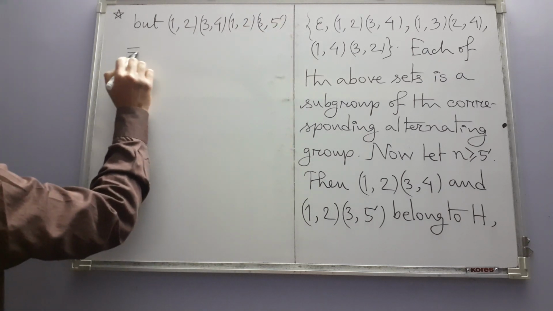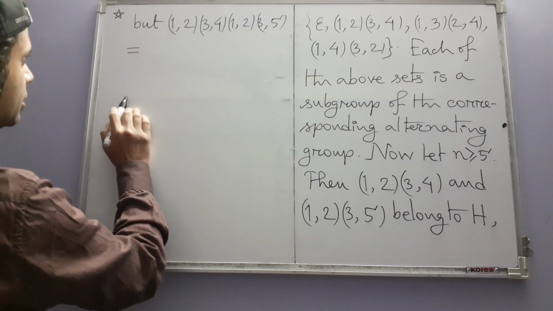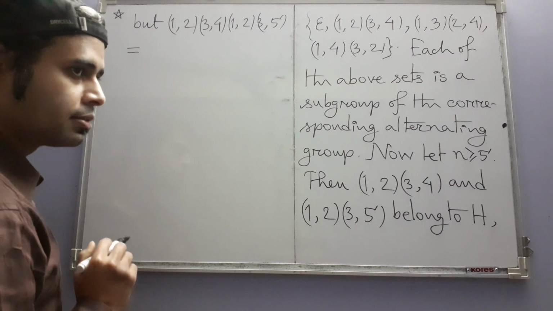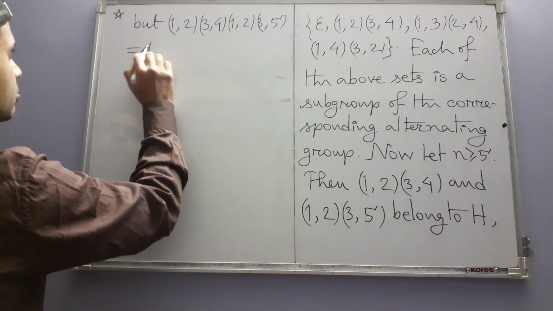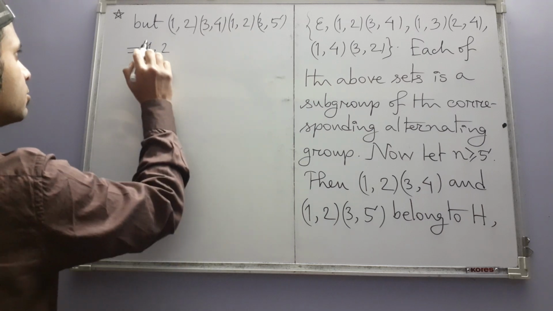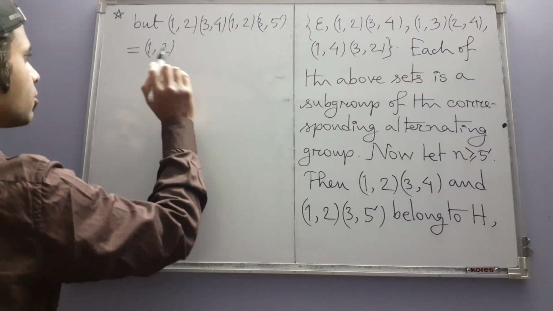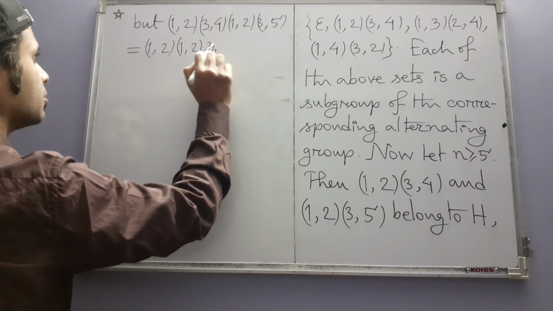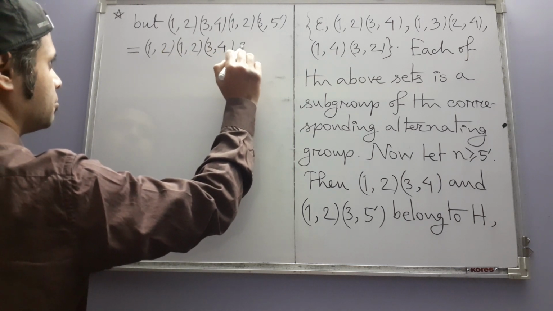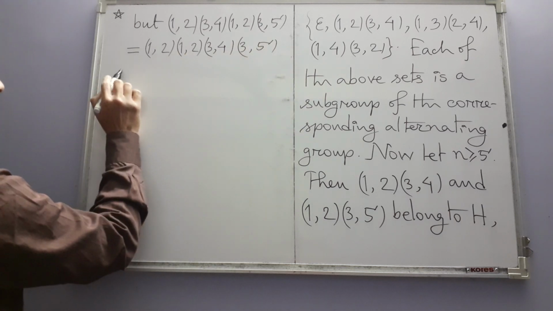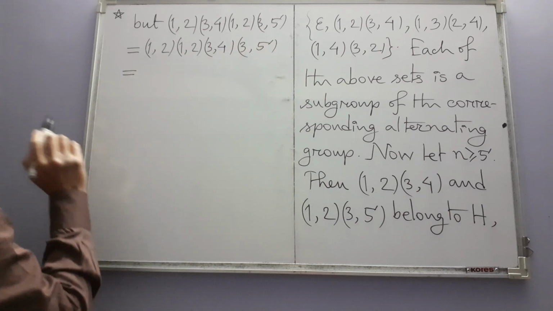To simplify our calculation, you again use the fact that disjoint cycles commute. So 3, 4 commutes with 1, 2. They are disjoint, there is no common symbol. So you can write 1, 2, 3, 4. And these two vanish because the square of a 2 cycle is identity.